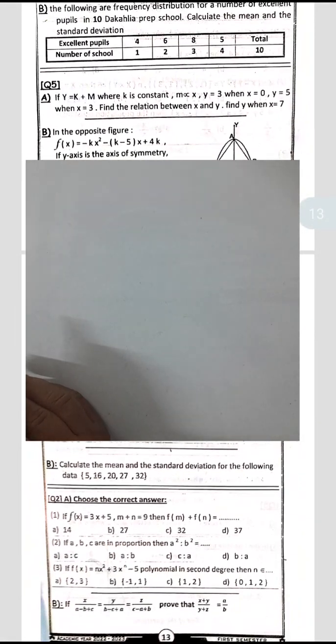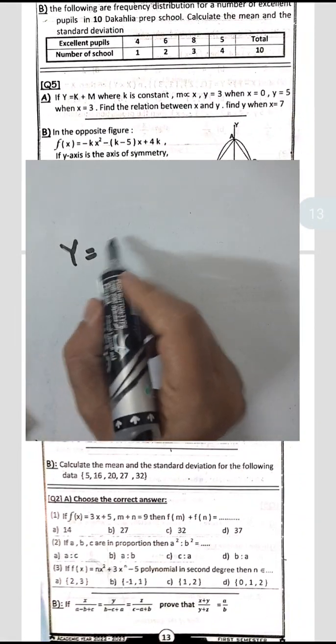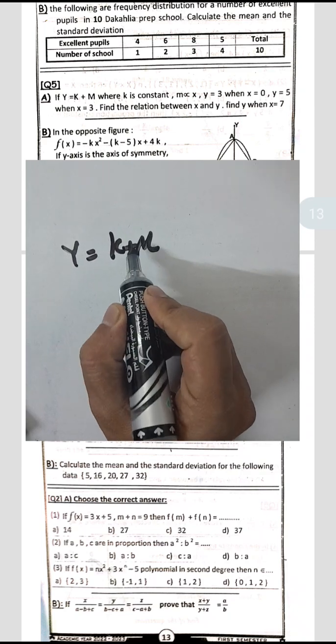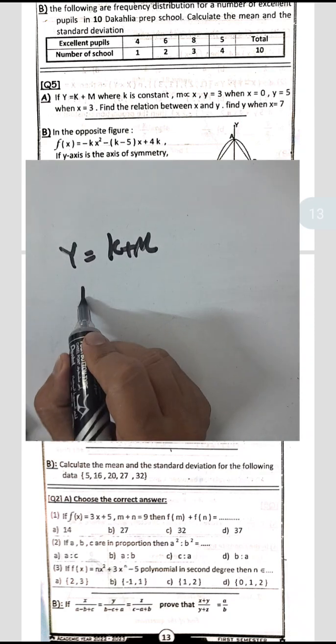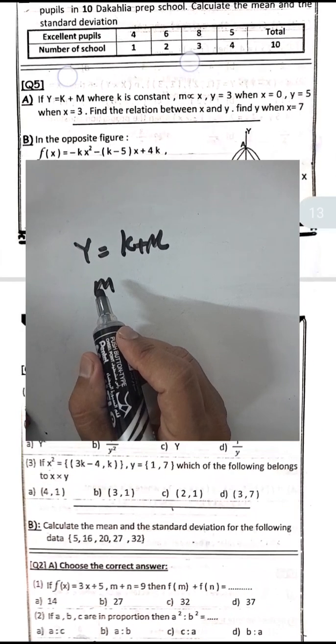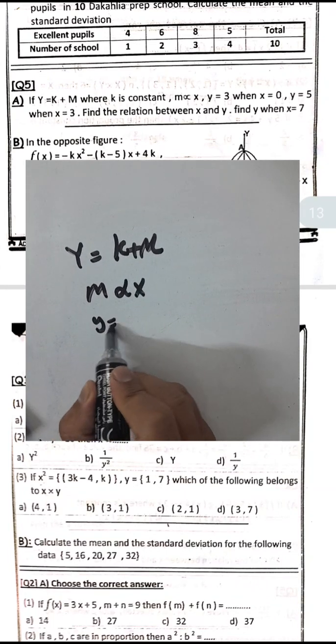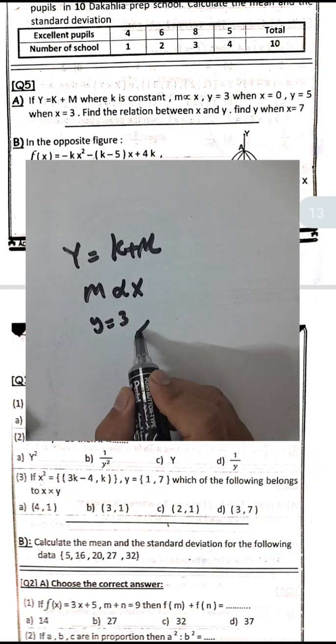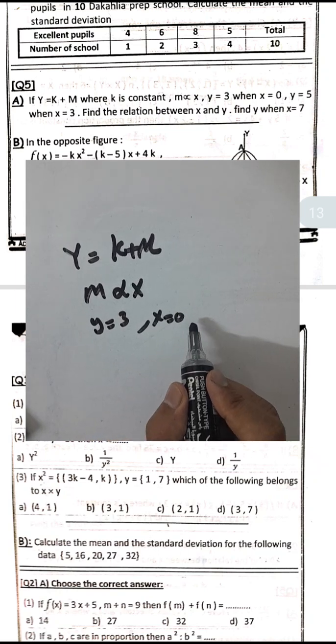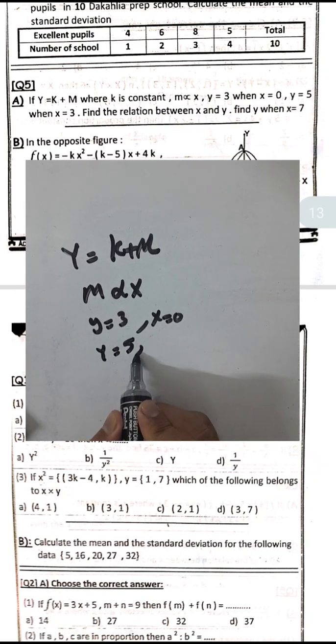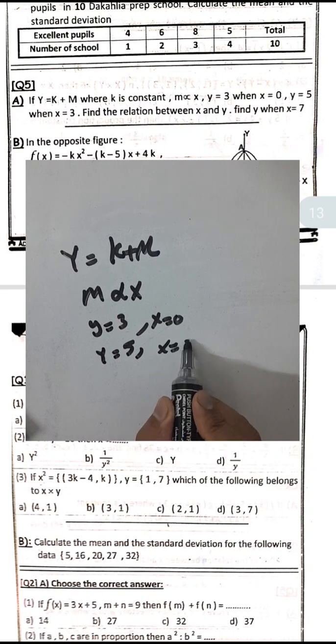Next question, number 1. If y equals k plus m, where k is a constant, and we have a relation between m and x: y equals 3 when x equals 0, and y equals 5 when x equals 3. Find the relation between them.